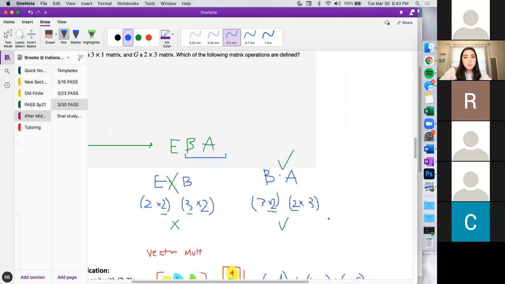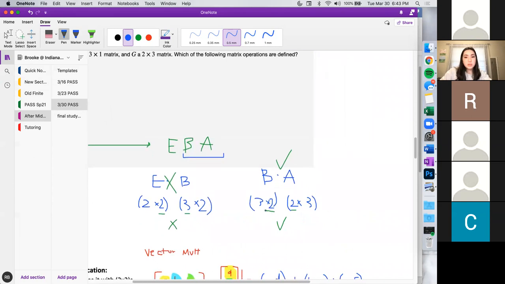Okay, so B times A is going to give me a 3 by 3, so I'm going to call it BA, which is a 3 by 3. And then I wanted to multiply this E as well.